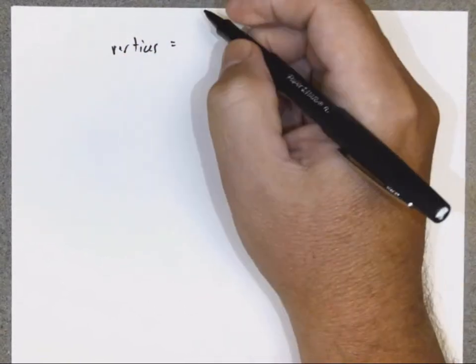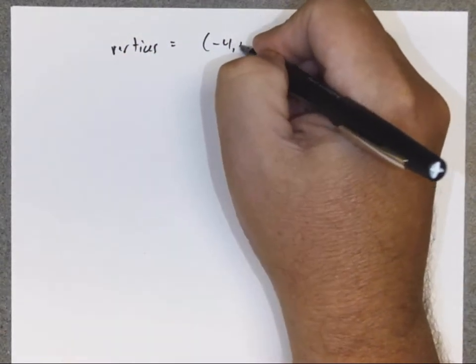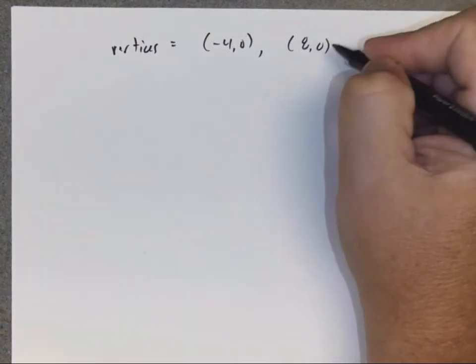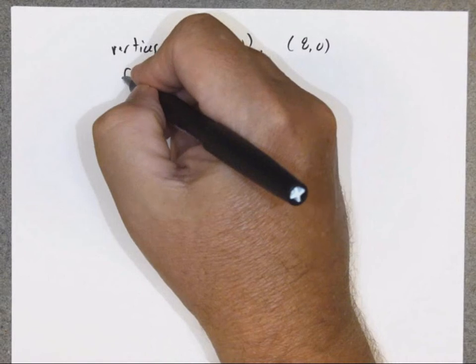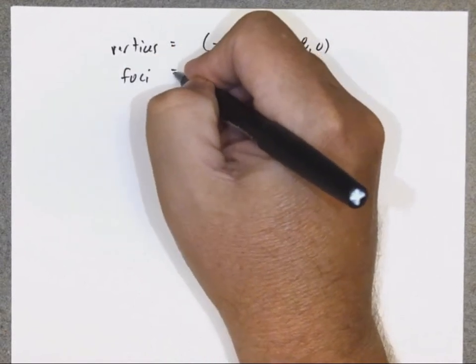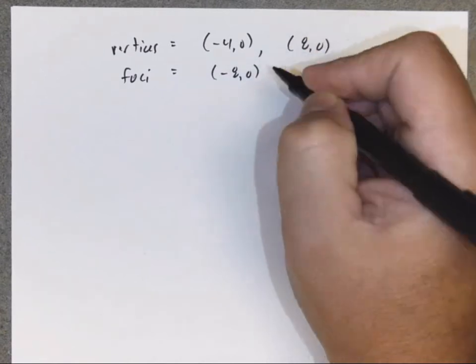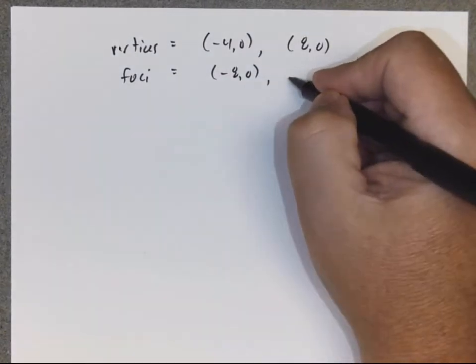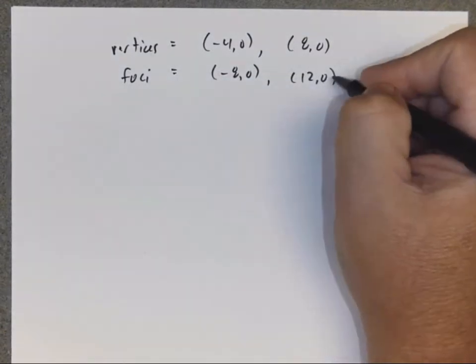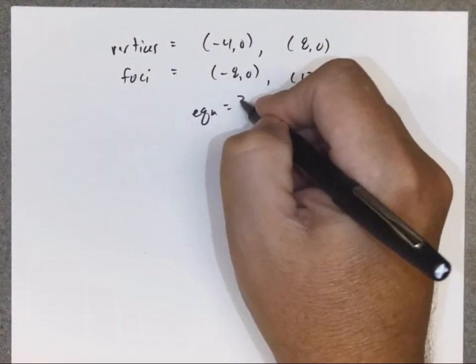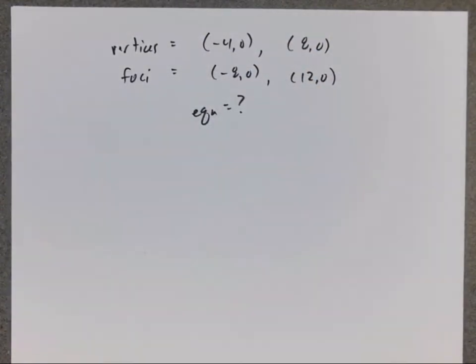They say the vertices are -4, 0, and 8, 0. And then they say the foci are -8, 0 and 12, 0. And they want you to give the equation of that hyperbola.